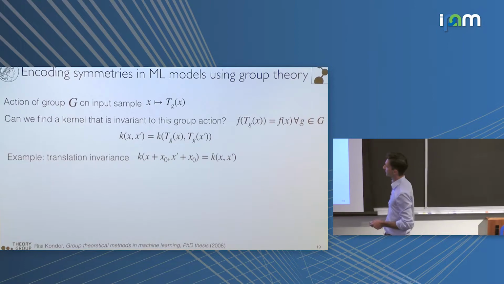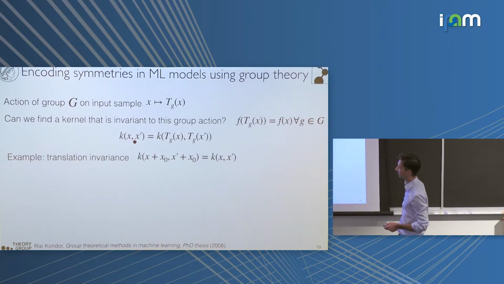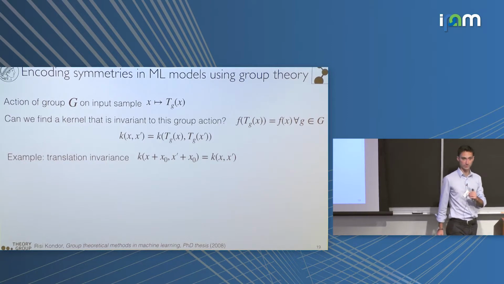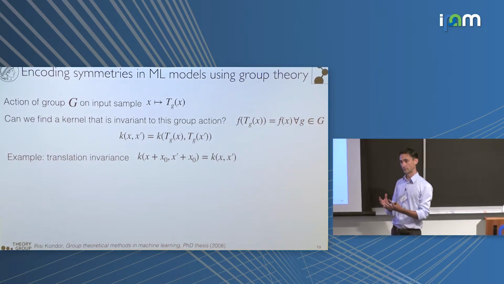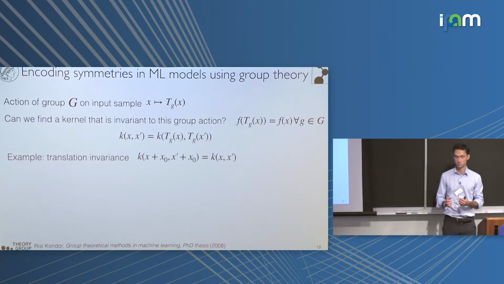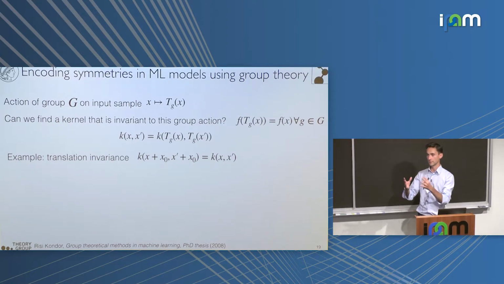In terms of the kernel, if I take the kernel between input samples x and x prime, I should enforce that this be equal to the kernel applied to T of x and T of x prime. So what I want is to build a kernel that satisfies this. That's typically a subclass of kernels that will satisfy this for this particular group. So I'm going to reduce the class of kernels I can work with to only focus on the ones that satisfy this particular property.